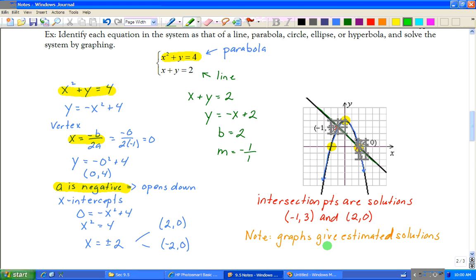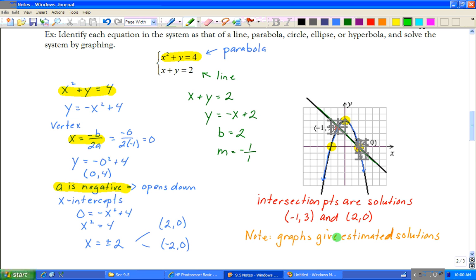You need to note that our graphs are going to give us an estimated solution. This one's neatly done by the computer, and we can see exactly where they intersect, but what if these weren't whole numbers? What if they were decimals? What if our sketching of the graph by hand wasn't so accurate? We're just going to get some estimated solutions.